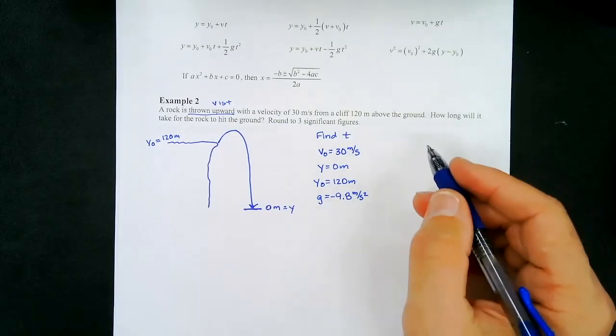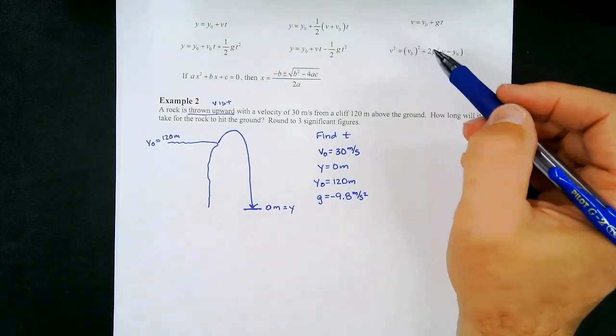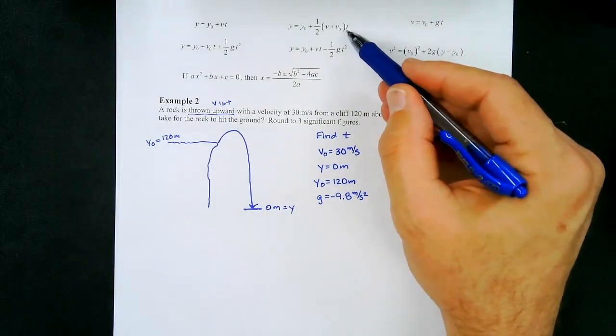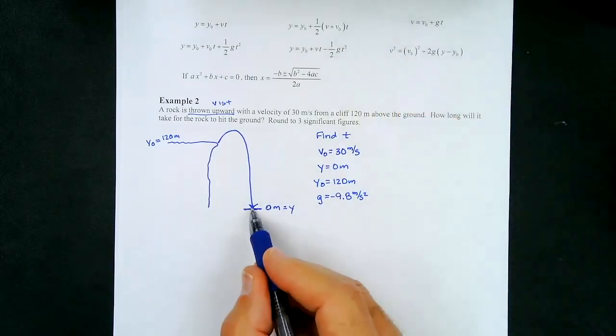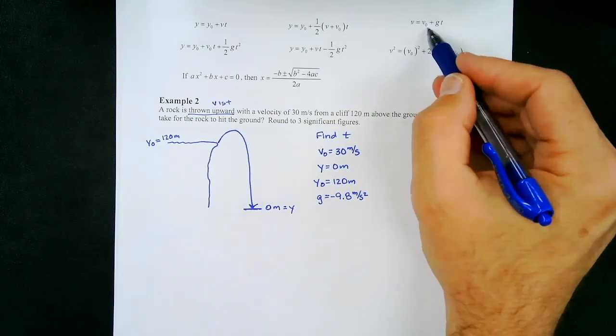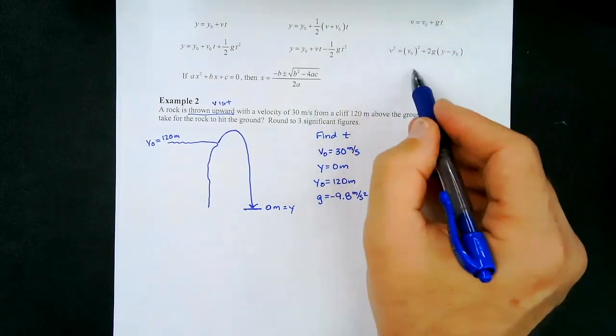Now, which equation can I use? Well, to find time, I really can't use this one because I don't know the final velocity when it's hitting the ground. I also can't use this one because I don't know the final velocity when it's hitting the ground. This one doesn't even have time.